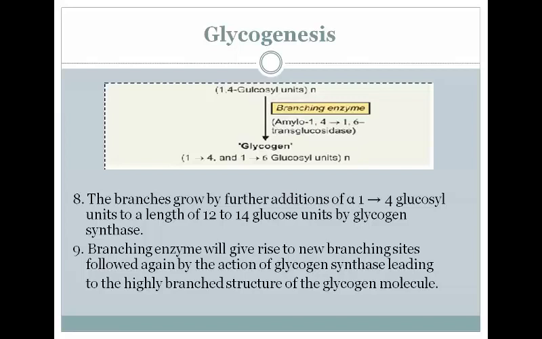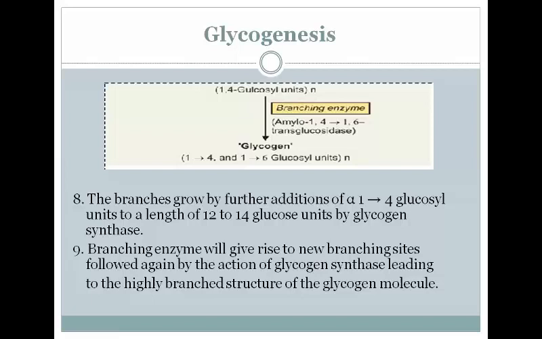So the 1,4 glucosyl units under the influence of the branching enzyme form a glycogen molecule that contains 1,4 and 1,6 glycosidic linkages: the linear chain of 1,4 linkages and the branch points containing 1,6 glycosidic linkage.